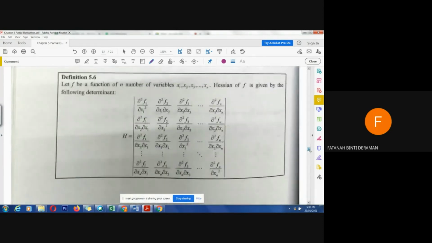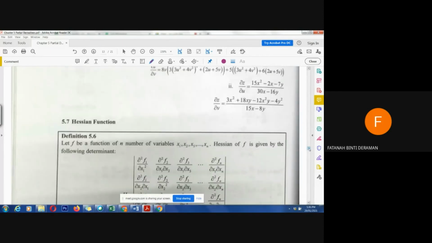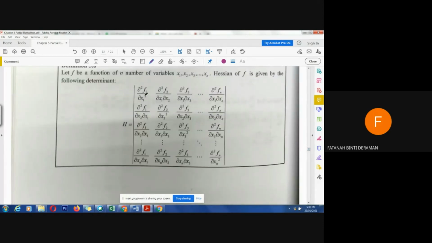Okay, so the Hessian function. The difference here is that the Hessian function has a square. It is a second-order derivative.